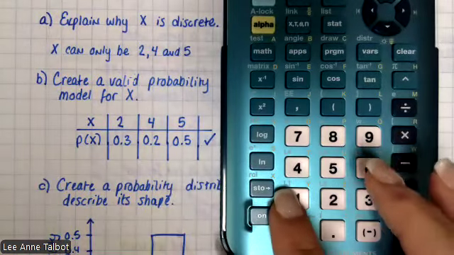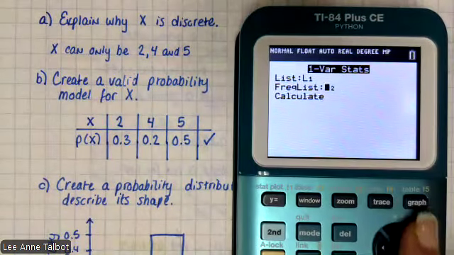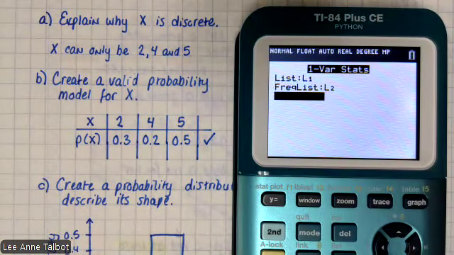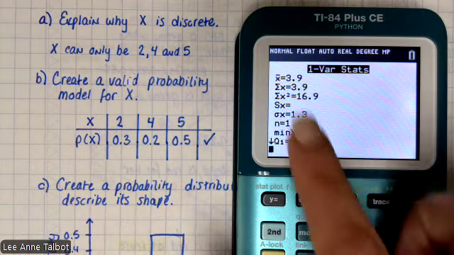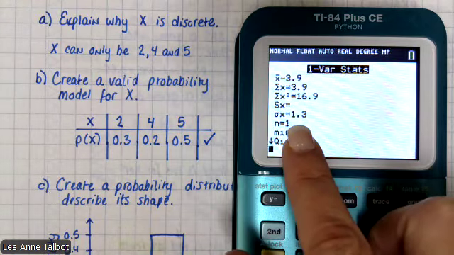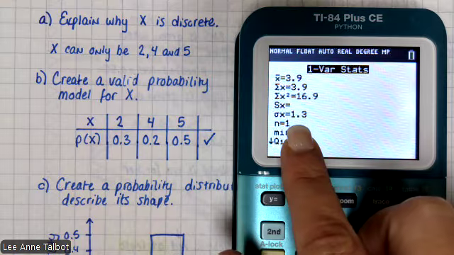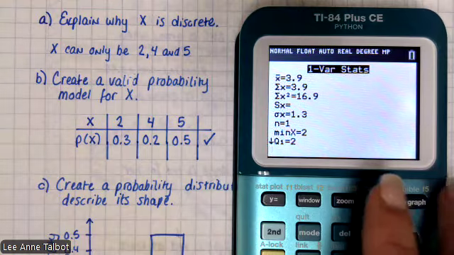Mine is like light blue, I guess. So second two. Anybody need assistance? Okay, and then notice it gave us the mean and the standard deviation, and that's all we're going to need for this particular problem. So the thing is, the calculator won't give you variance.